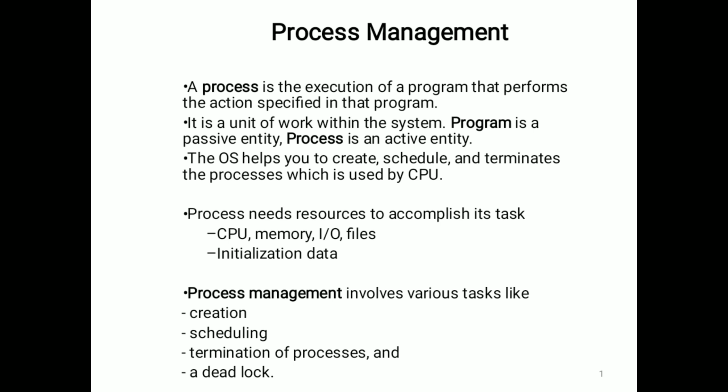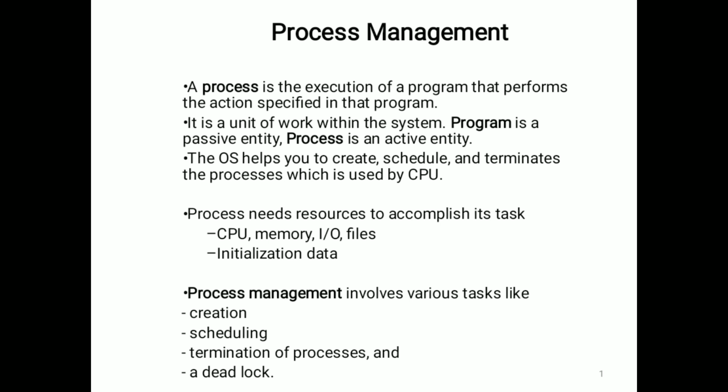So this is the concept behind the definition of a process. The operating system itself is the main component of a computer system which helps us to create, schedule and terminate the processes used by the CPU. A process needs resources to accomplish its task.